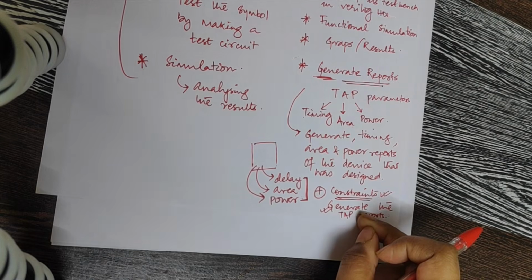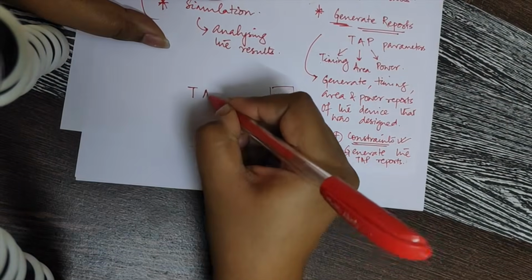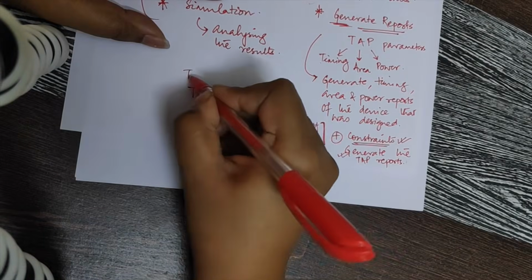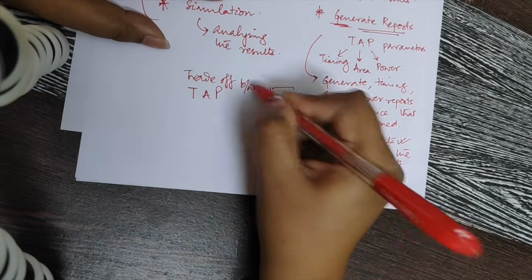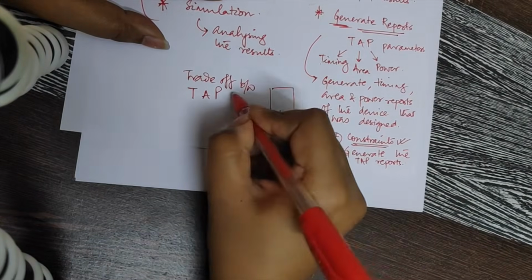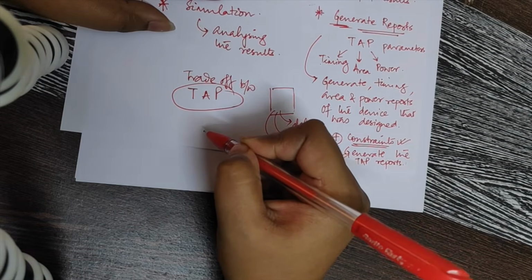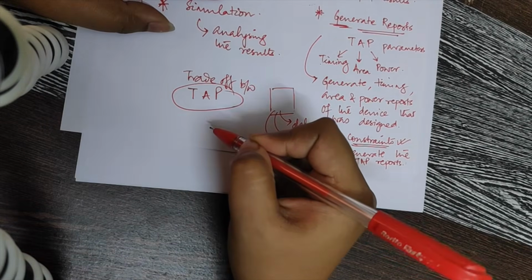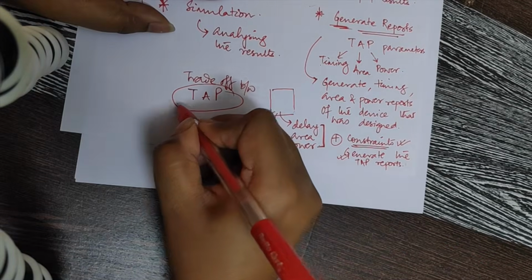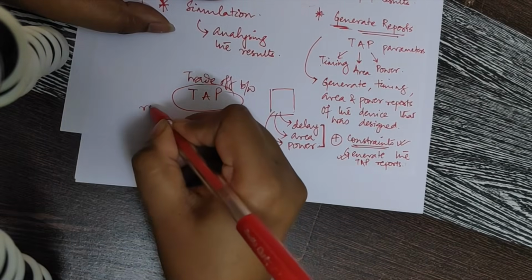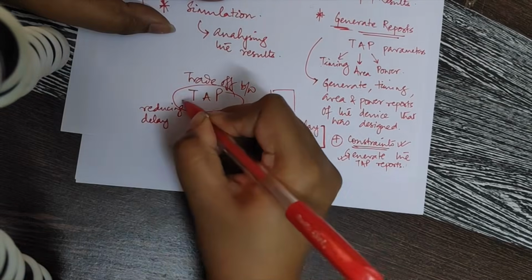Now, one thing to remember over here is that there is always a trade-off between the tap parameters. What is the meaning of this statement? Trade-off between the tap parameters. It means that if I am reducing delay, see, I am writing delay, but T is for timing.